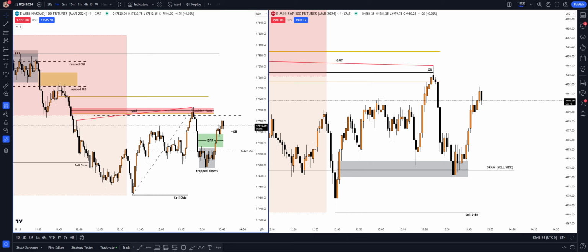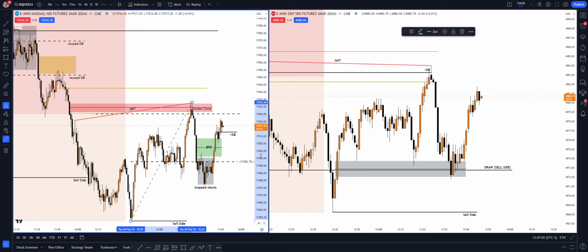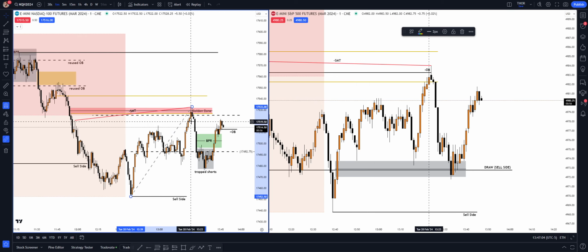What made you stay out in the short trade after the SMT in the golden zone and BPRs to the sell side? So initially I did not see this SMT divergence at the highs. That's the first reason. And second reason, this price move was too fast for me to catch.